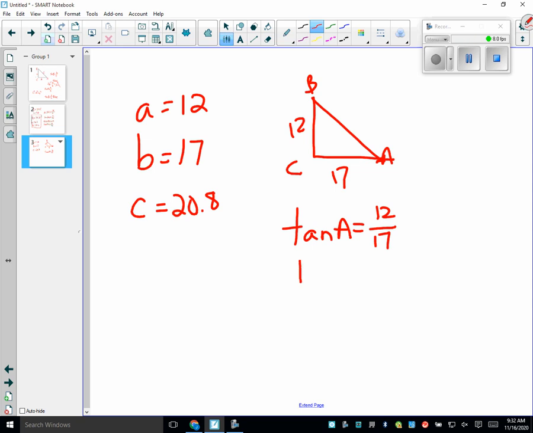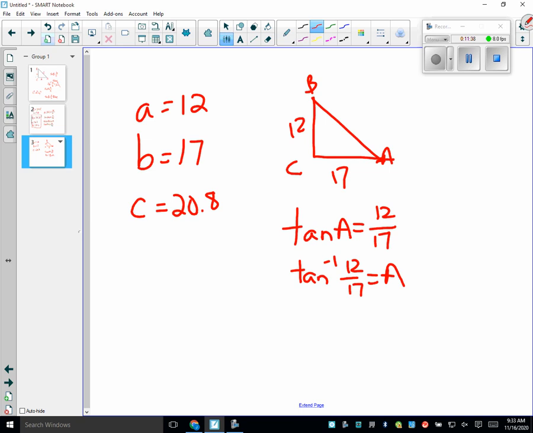So the arc tan of 12 over 17 equals A. What is A? 35.2 degrees.